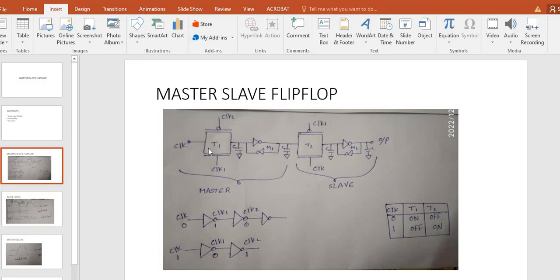This 1 is here because the clock is low. The pass transistor is moved to the right side, and 1 bar, which is 0, is moved to this node. This is the main node.